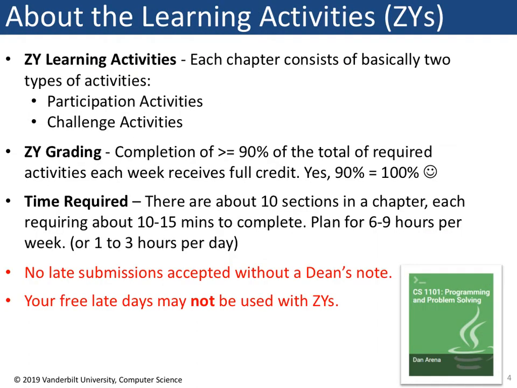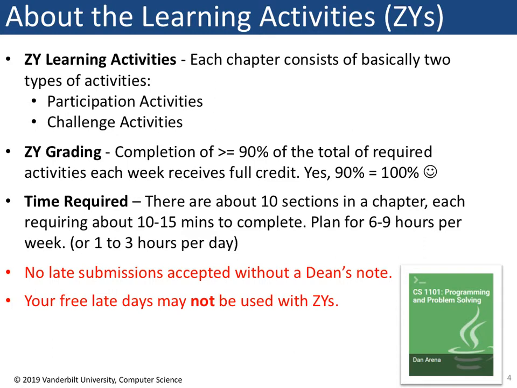Each chapter in the Zybook consists of information and participation activities along with challenge activities. They are more or less what they sound like. A participation activity is going to be, in general, more simple, and it's going to almost be like a reading check question.